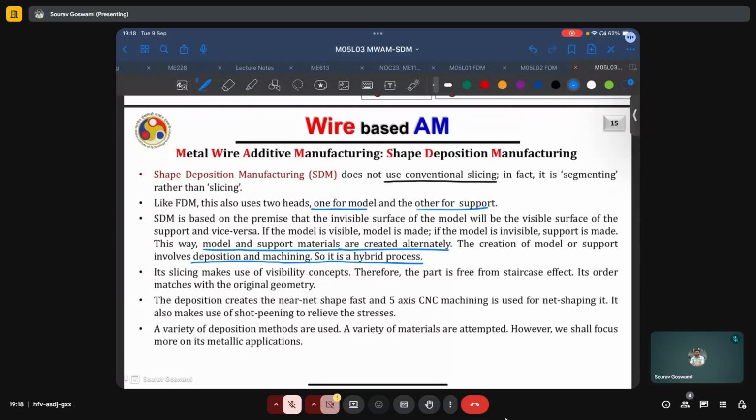The part is therefore free from staircase effect, also because it is frequently machined, and the finish will match with the intended geometry. The deposition creates near net shape quickly, and a 5-axis CNC machining is used for net shaping. It also makes use of shot peening to relieve the stress.